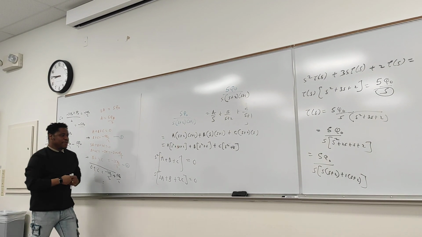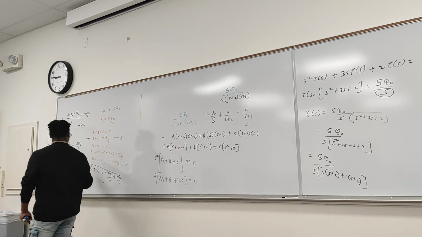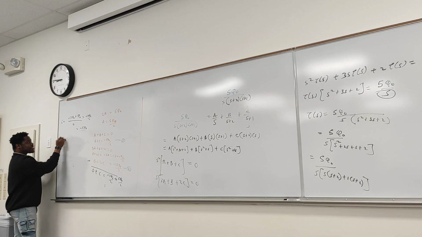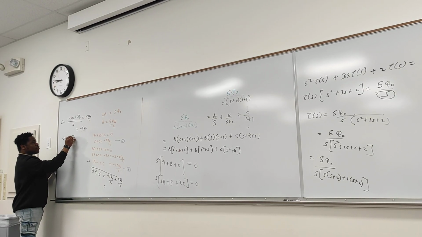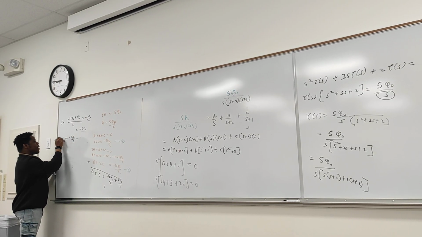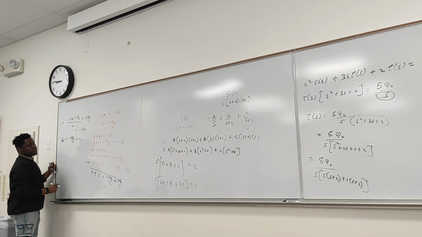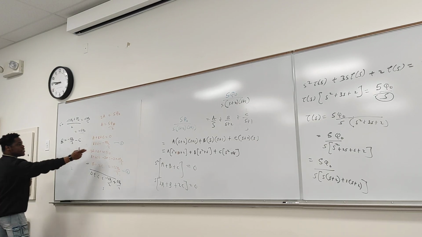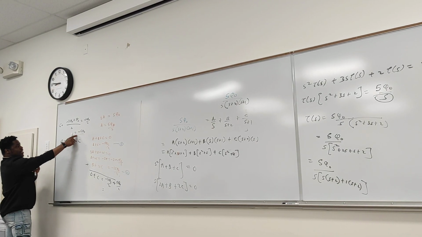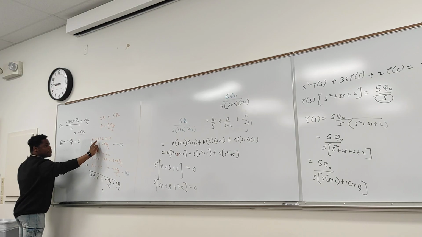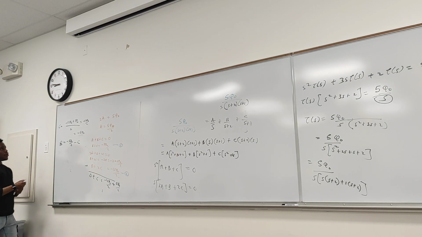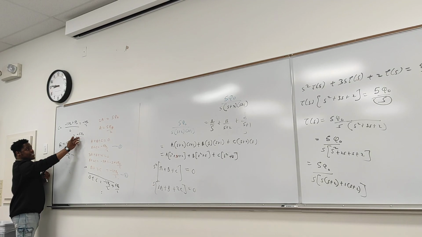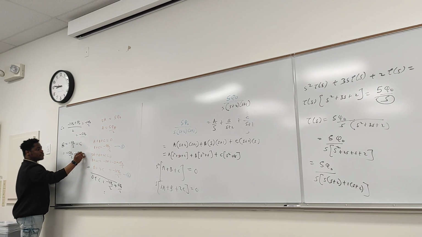Let me make it easier for all of us. From this equation here, our B would be minus C, because B plus C is this. So we know our C here, so our B would be this minus C. That would be minus 5Q naught over 2 minus, then this is minus C. This negative would be minus 5Q naught like this.